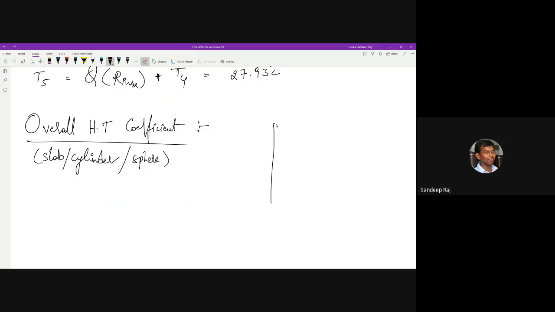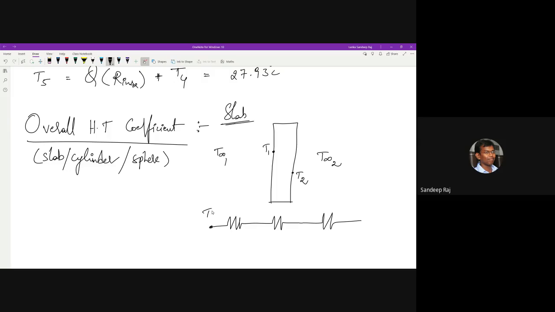I have a slab here, and then there is atmosphere T infinity 2 here, T infinity 1 here, T1 here, T2 here. If I take the resistance circuit here, these are the three resistances I'm going to get. This is T infinity 1, this is T1, this is T2, this is T infinity 2.